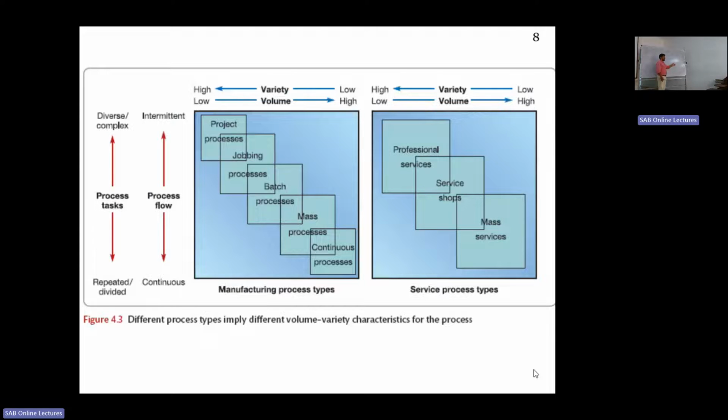Do they process materials, customers, or information? Well, you should have a very clear, direct answer. What is the answer? Well, yes. In manufacturing processes, it is materials being processed.